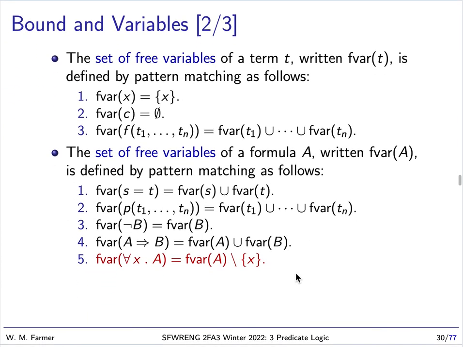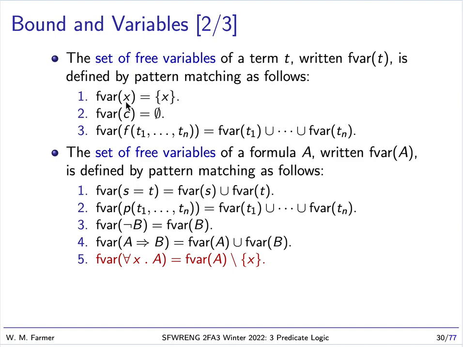Okay, so one thing we could do is define the set of free variables of a term and the set of free variables of a formula. We write this using fvar of t, and down here as fvar of A, where t is a term, A is a formula. So I'm going to define fvar of t using pattern matching. If you recall, in FOL there's only 3 patterns for terms: variables, constants, and function symbol applications.